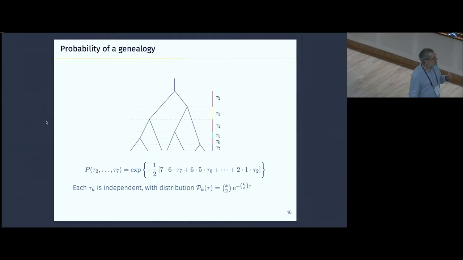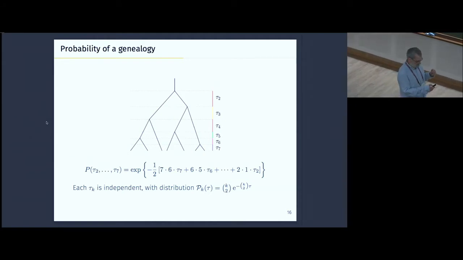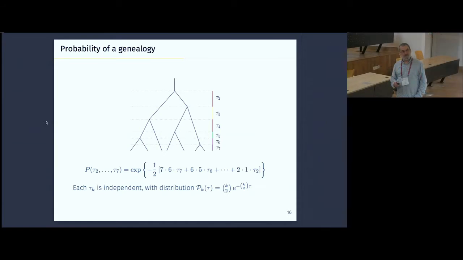What is important for us is the time delay between the different coalescent times, so the distribution of the coalescent times. So here we start with seven individuals at generation 0, and then we have a first coalescent, and this is tau 7, and then 6, and then 5, and so on, until we go to the most recent common ancestor.